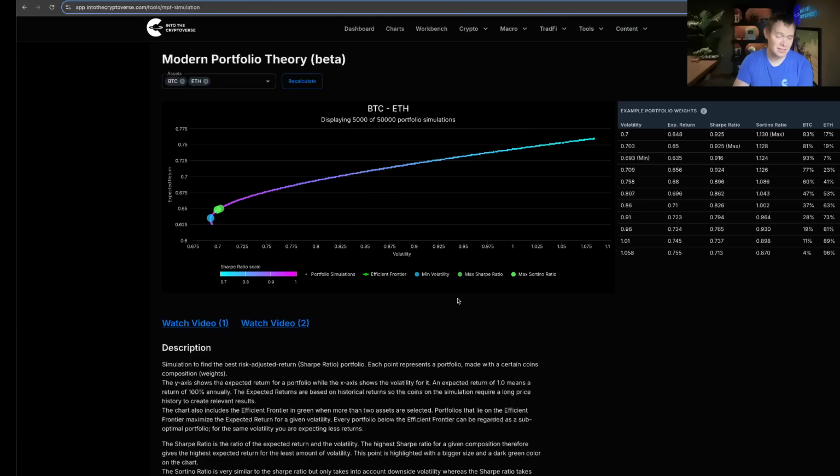Well, in that case, you would want to go further up the efficient frontier and go higher on the x-axis, which would access you more volatility in both directions. What you'll notice, as I hover, it'll show you the portfolio percentage. You can see that as I go higher, it becomes less percent Bitcoin and more ETH. You see how the further up I go, it yields.